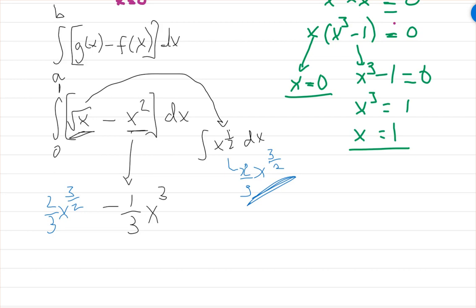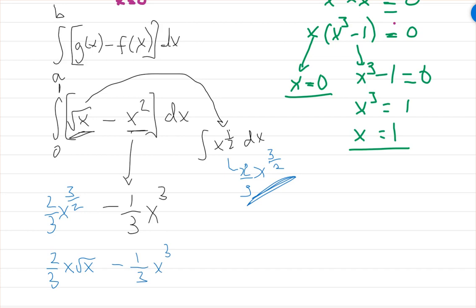That would be 2/3 x root x minus 1/3 x cubed. Whichever one makes you happier. At this point, you could write it either way.